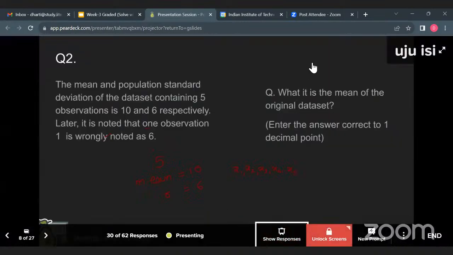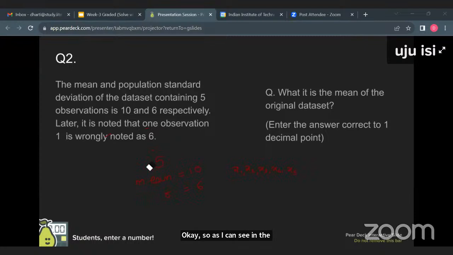Okay, so as I can see in the solutions, most of you are correct. So let's see the answer.